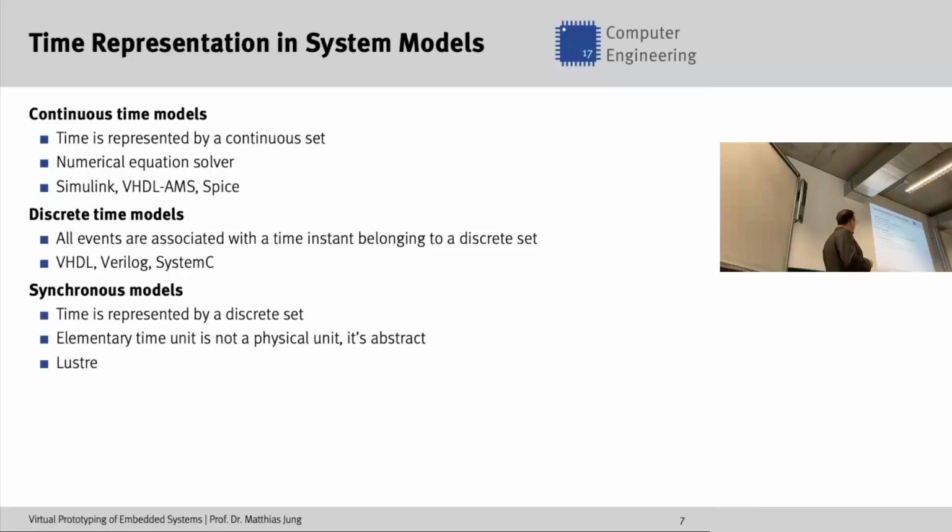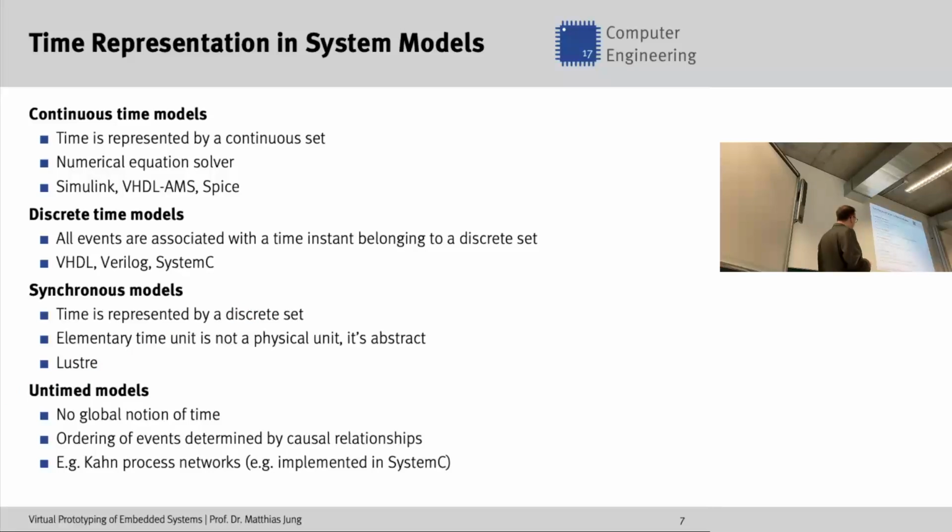Synchronous models are also interesting, and we will talk about them a bit, where time is also represented by a discrete set. There are languages like Lustre or something like that. And then there are untimed models, where we have no notion of time because we don't need it, it's not interesting.